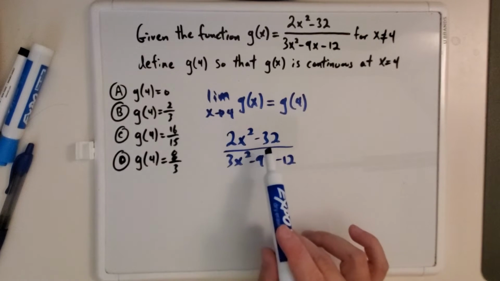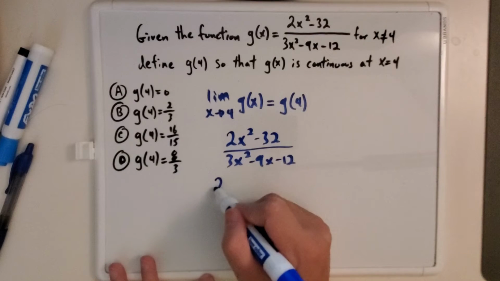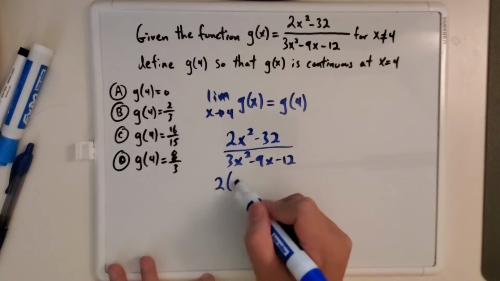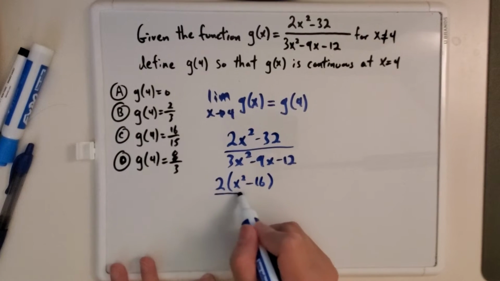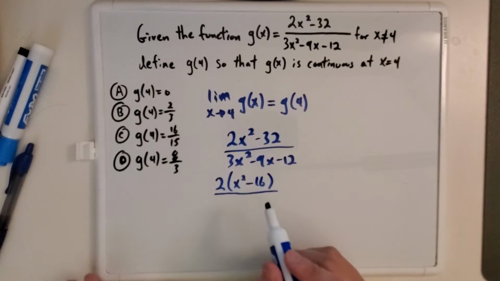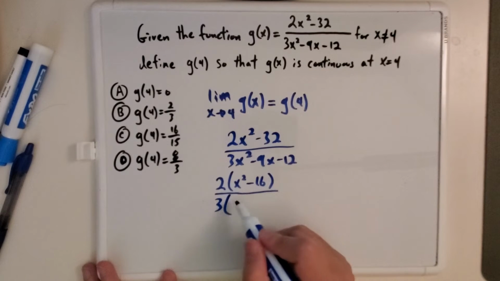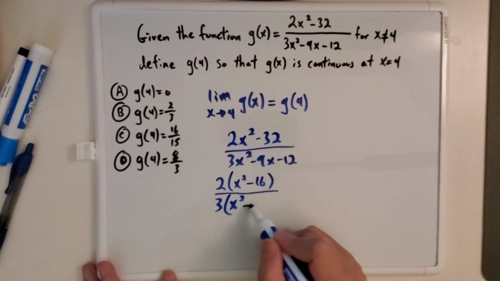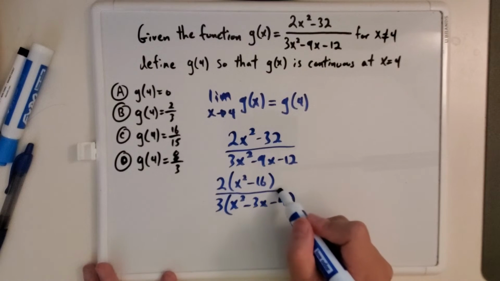So let's factor the numerator and the denominator. So let's factor out a 2 in the numerator. So we have x squared minus 16. And then in the denominator, each of the terms are a multiple of 3. So I'm going to factor out a 3. So we have x squared minus 3x minus 4 in the denominator.